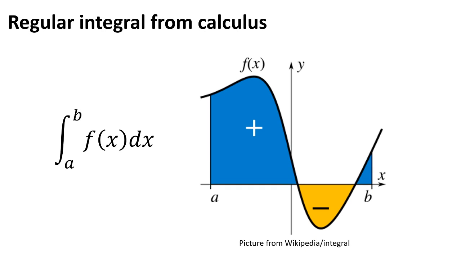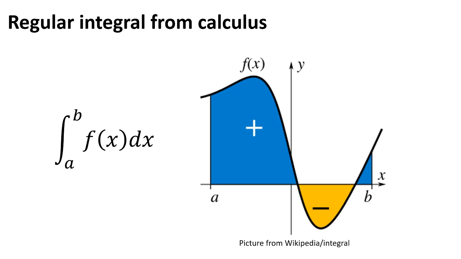Just a reminder, a regular integral from calculus: you've got a curve here, a function f of x, and it just does its thing on the xy plane. And an integral, all it is, you pick two points A and B, and you figure out what the area is under the curve with respect to the x-axis.